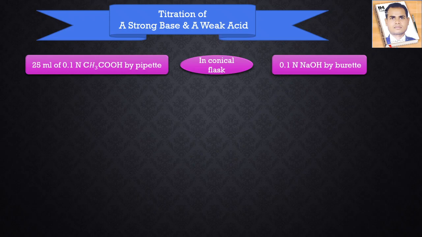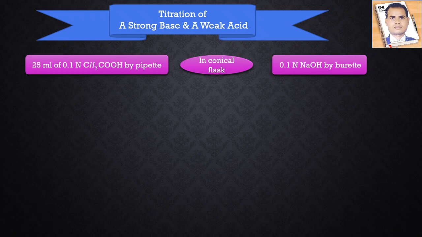So NaOH is the strong electrolyte, so we can take it into the burette. Here acetic acid is the titrand, and NaOH is the titrant. Now we have taken 25 ml of 0.1 normal acetic acid by pipette into the conical flask, and we have filled NaOH into the burette. So the pH of acetic acid will be, as I told you, less than 7, near about 7.